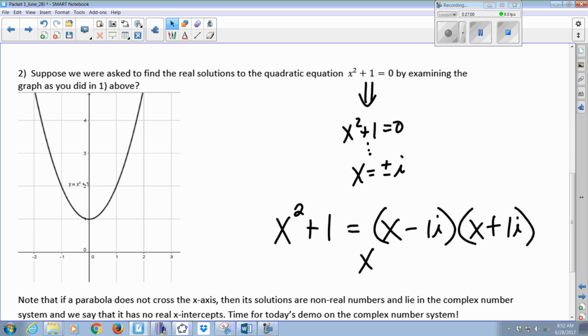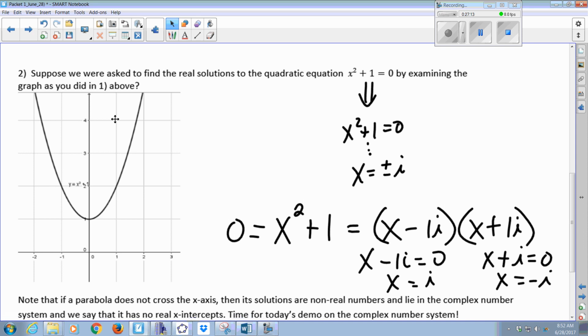And then you set each conjugate equal to 0, and you get x equals i, and x equals the opposite of i. So the solution set here is minus i and i. So that's why you don't see this crossing the x-axis at all. Again, this type of expression, x squared plus 1, you now can easily factor using these conjugate type of factors.